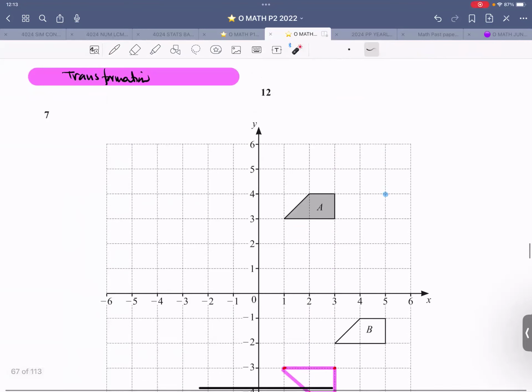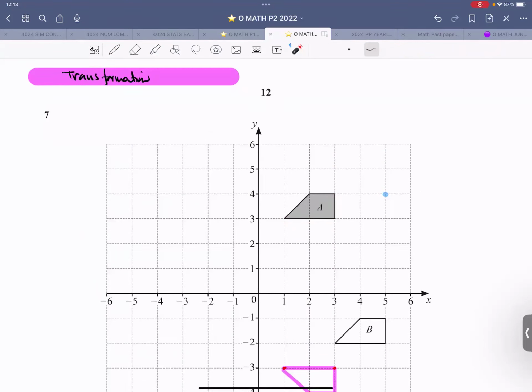Now, first of all, if I enlarge this, the base instead of 2 will become 4. The height instead of 1 will become 2. And the measurements are taken with respect to this center of enlargement.